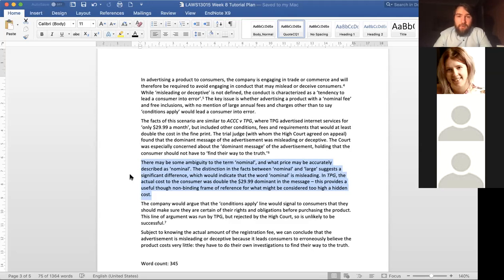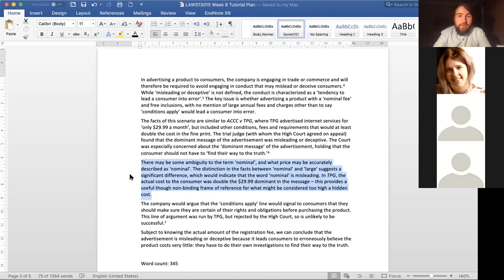In TPG, they were quite clear about, you know, the dominant message was, well, this will cost you $30 a month. And that was misleading because it didn't cost $30 a month. Here, nominal, you know, we expect it to mean small, but it's a bit more ambiguous.